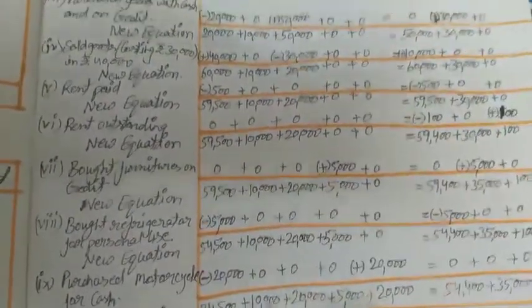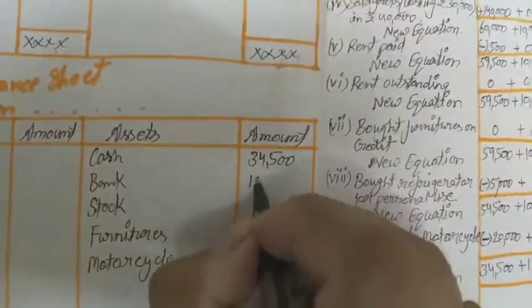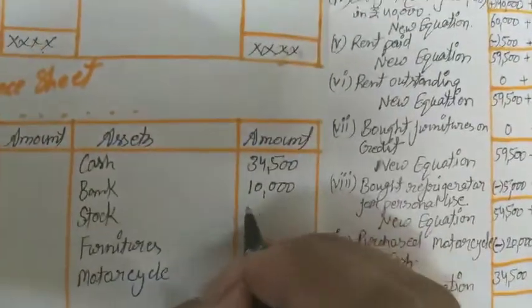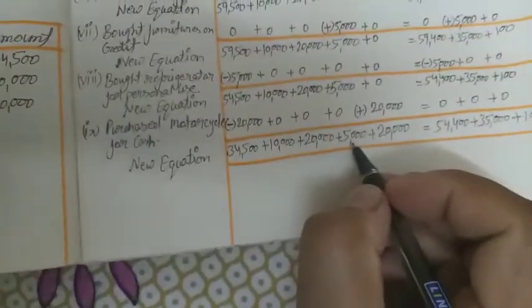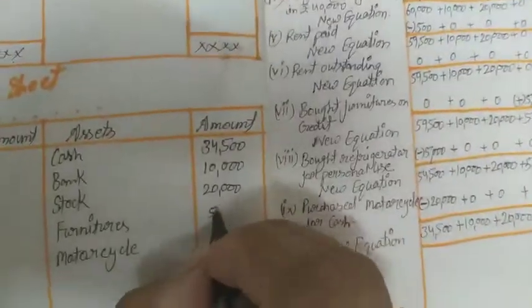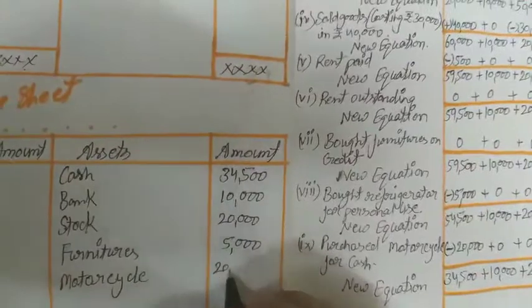Now the balances are: first one was for cash and second for bank. So 10,000 rupees bank balance is there. Third one for stock, so stock was 20,000, and then 5,000 for furniture. Furniture will be 5,000, and then motorcycle 20,000. So 20,000 rupees of motorcycle balance will be there.